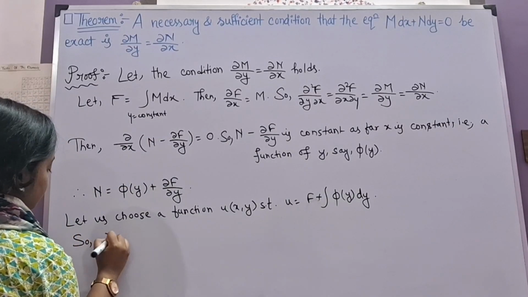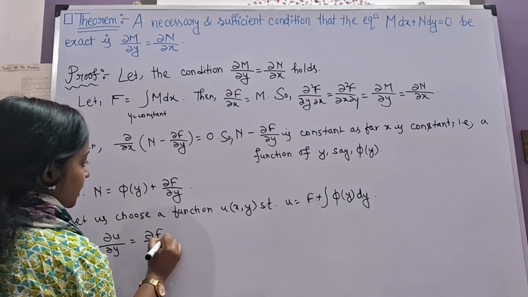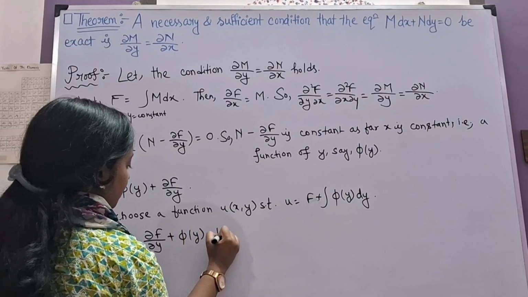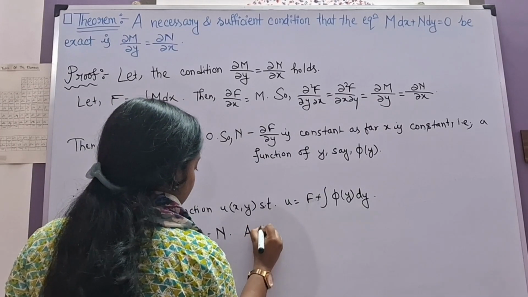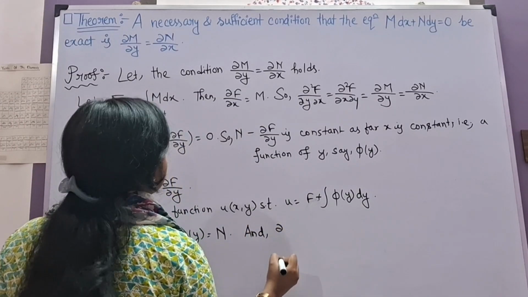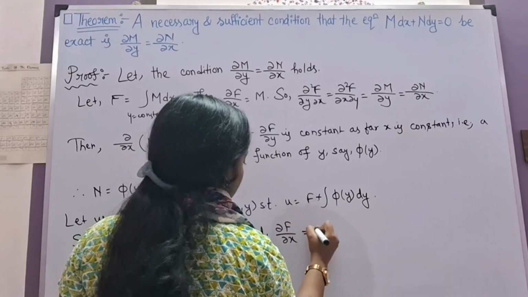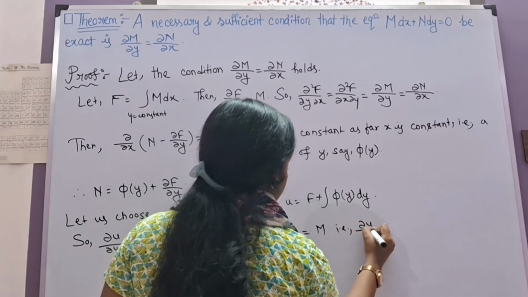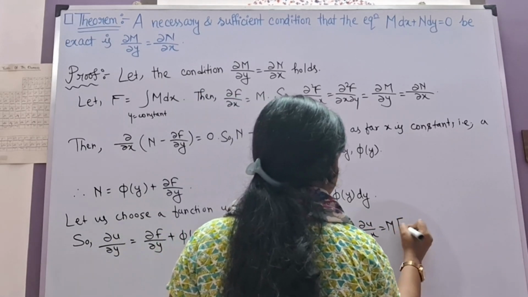So del u del y equal to del F del y plus phi of y equal to capital N, and del F del x equal to capital M, that is del u del x equal to capital M.